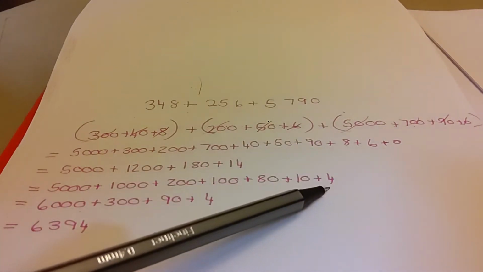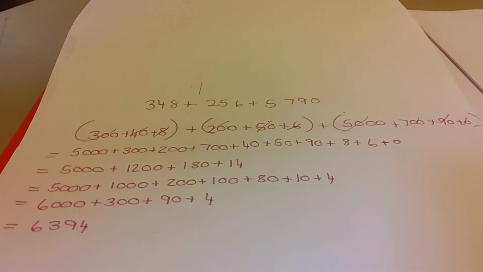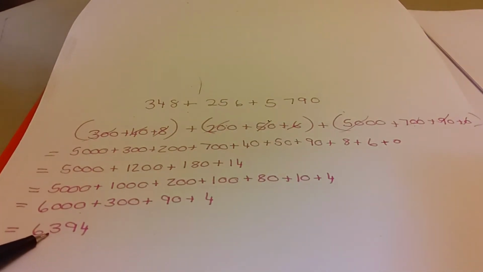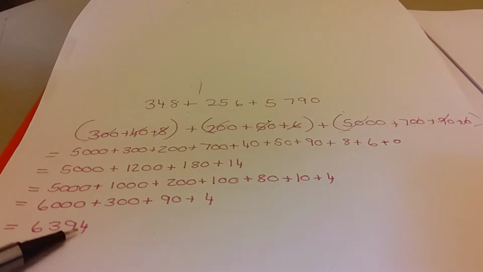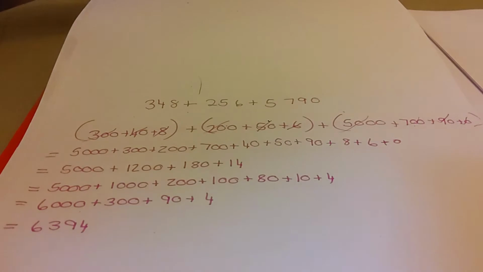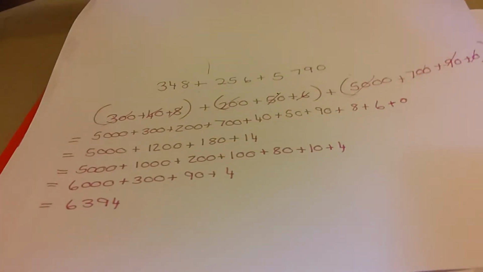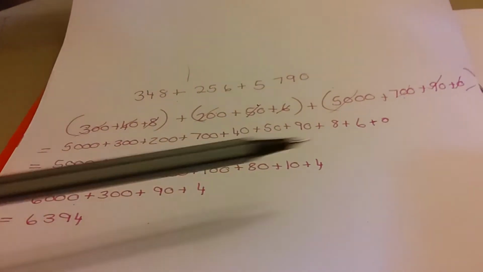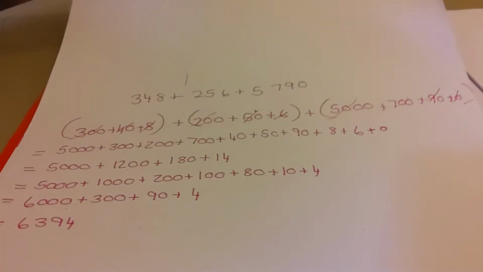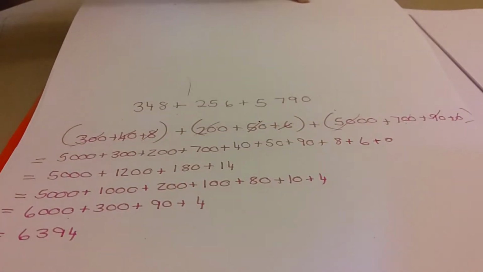And 4 is on its own. So then my answer is going to be 6,394. This is the method that we used in the first term, so you can do number 1A like this in the expanded notation method.